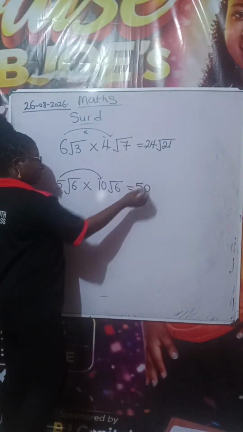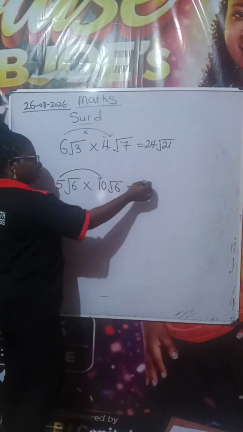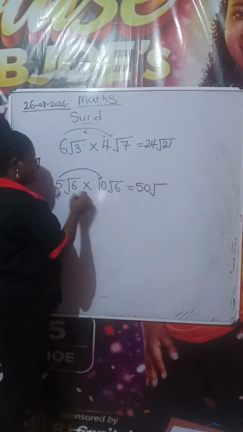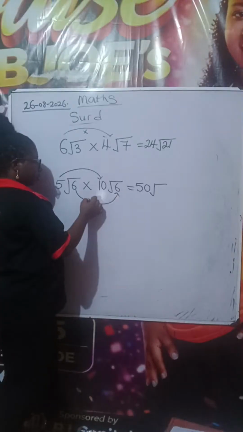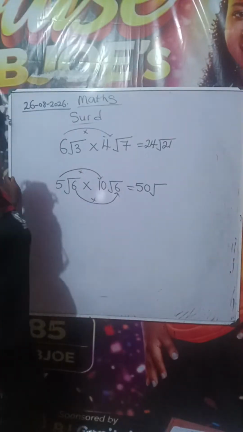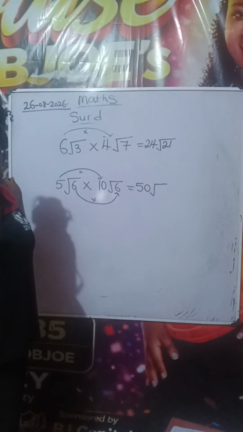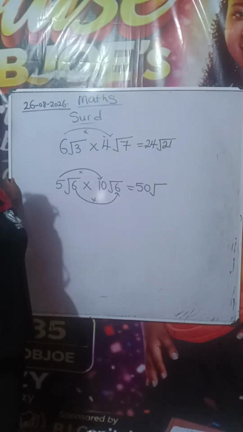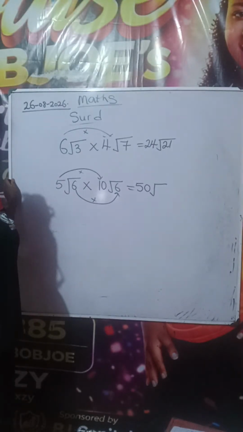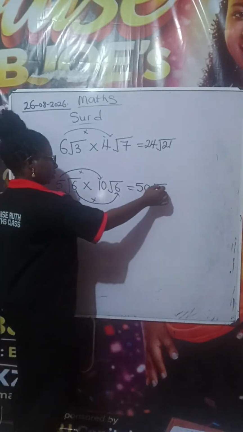Write it here. Then first of all put your sign of the square root. Then 6 times 6, we have 36. Good.